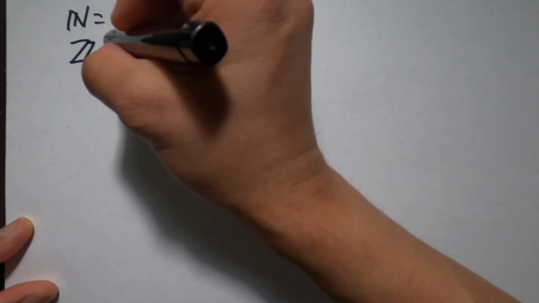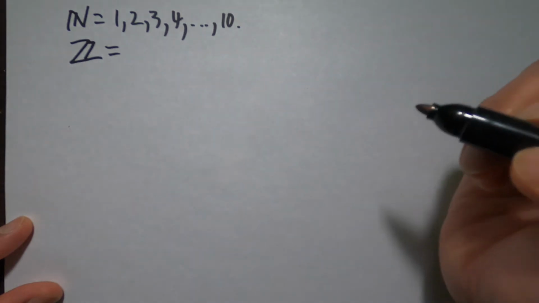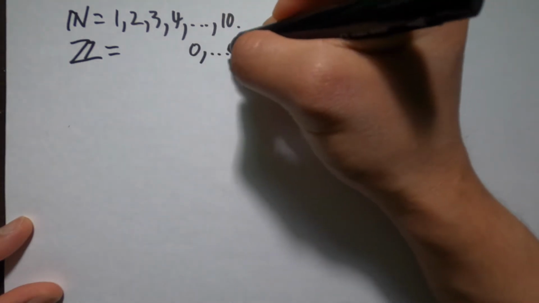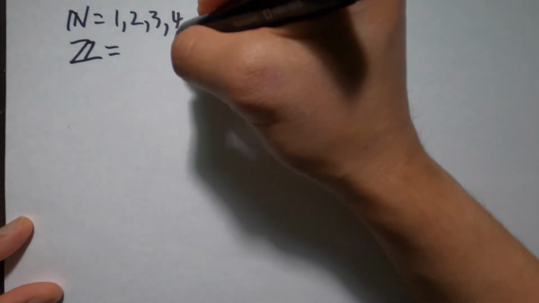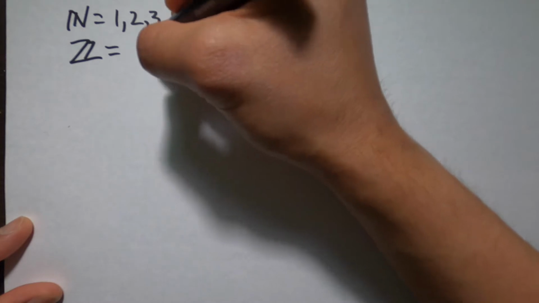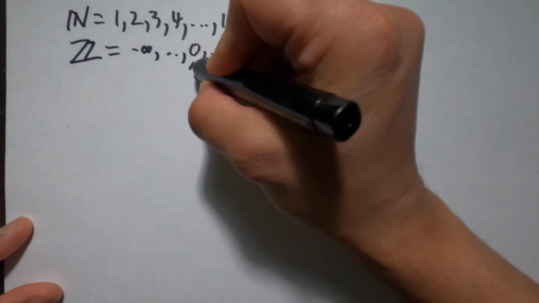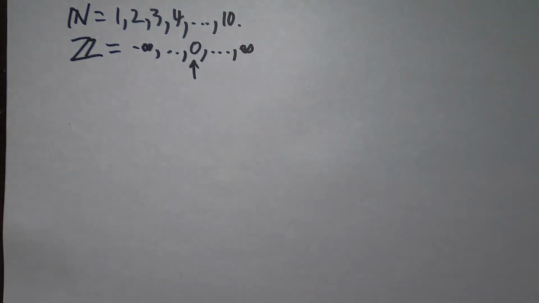And the only integer I'm going to use is 0. Even though we have all these other numbers ranging all the way to infinity, and all these negative numbers to negative infinity, I'm only going to use 0. And you'll get the idea why in a moment.